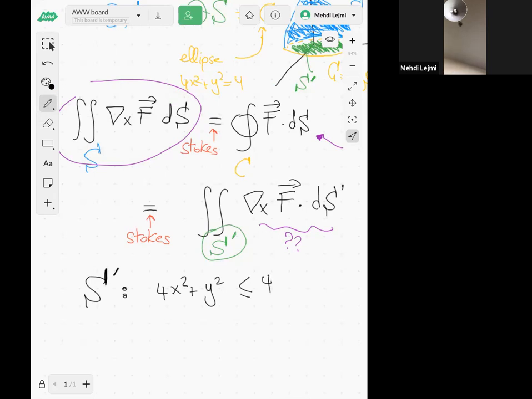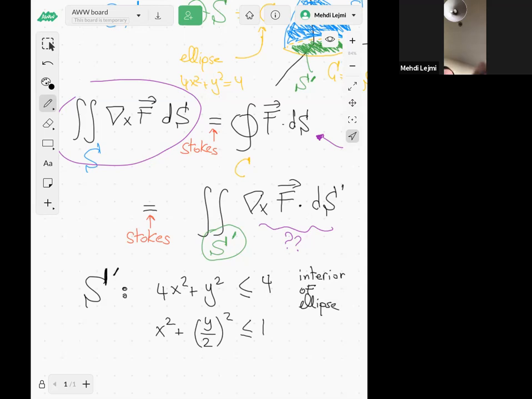When you use less than or equal, it means it's the interior of the ellipse, not just the ellipse itself. Or in other words, because I'm going to use polar coordinates to parameterize S prime, this is less than or equal to 1.